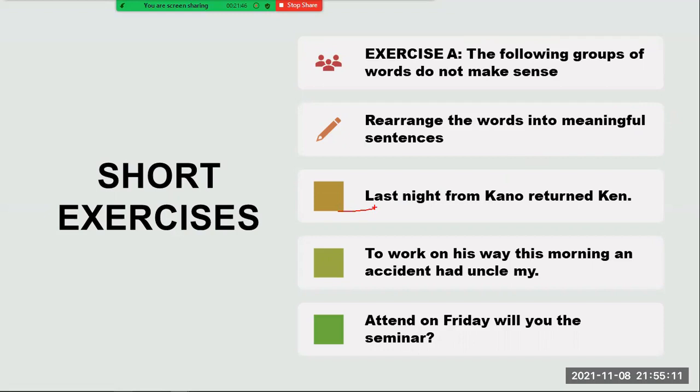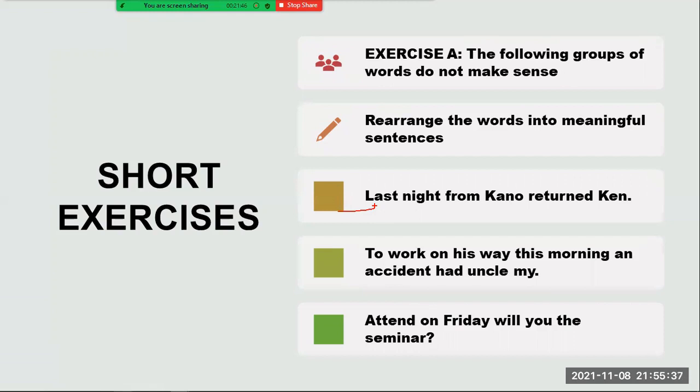Last night from Kano returned Cain. Now, I want you to look at it. Last night from Kano returned Cain. Take your paper and your pen and try to arrange the words in this sentence.